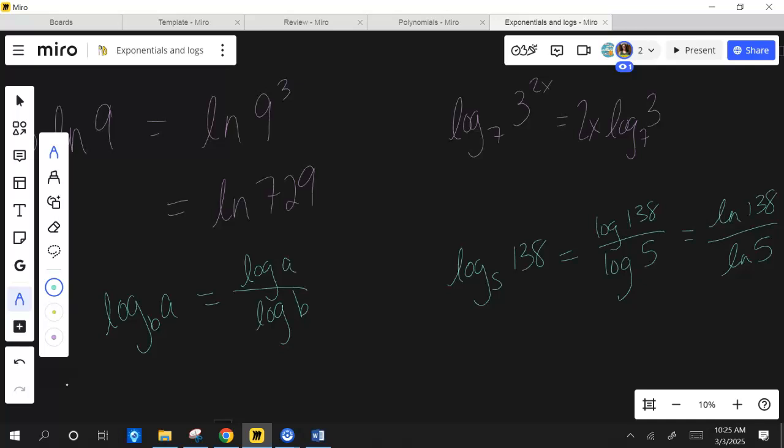Some of them you should just know, like log base 7 of 49, you should know without a calculator that that's 2. But yes, if you have to use your calculator like that, you're going to get decimals.